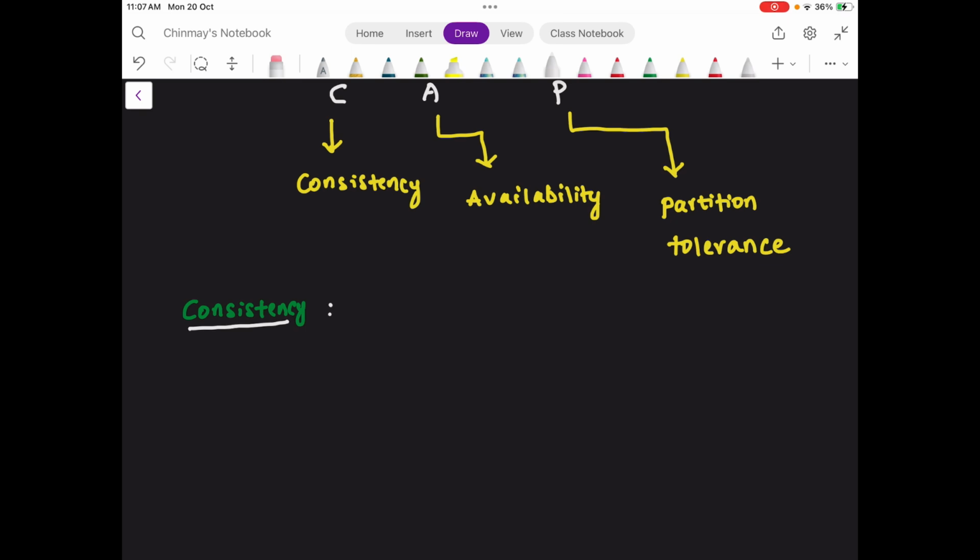Consistency means every read should receive the recent write. It shows that your application has consistency.